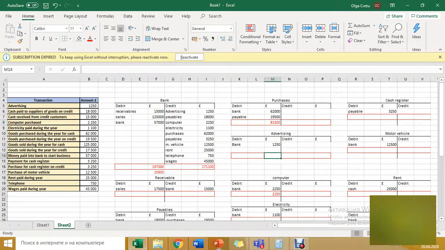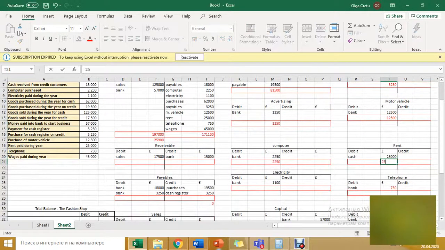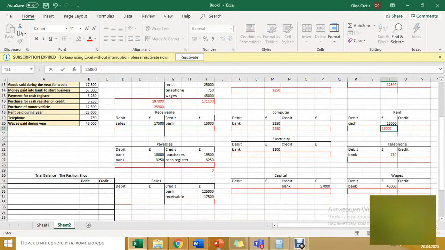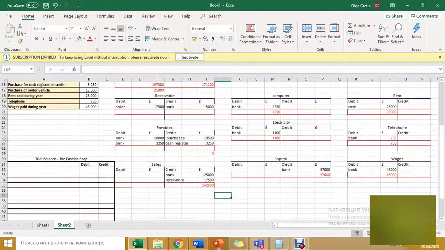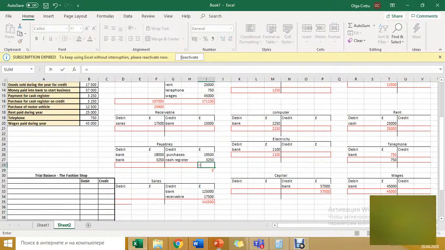So we just leave it like this: 1,250, 3,250, 12,500 for the motor vehicle, 25,000 for the rent, 2,250 here, 1,100 for the electricity, 750 for the telephone, 45,000 for wages, capital 57,000 stays on the right side, and then we have the sales here, which is going to be 125,000 plus 17,500, and that's 142,500.